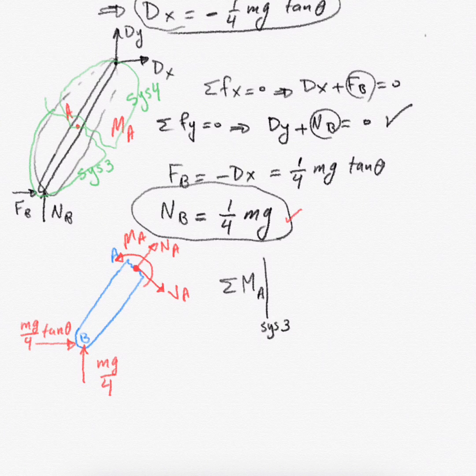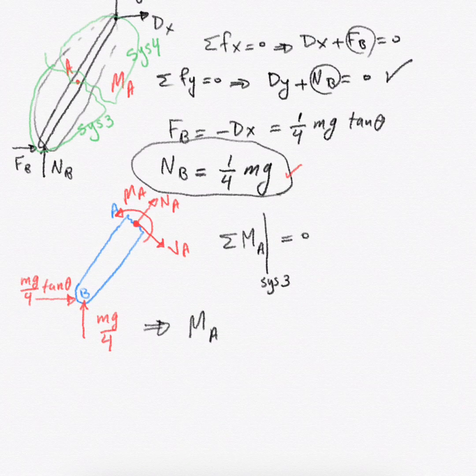That equation, summation of moment about A in system 3 must be 0. Now let's expand that. You get MA positive, and you don't get anything from VA, you don't get anything from NA, and then you get a positive contribution from this one, the friction force, its value is mg over 4 tangent theta, the value of force times moment arm.